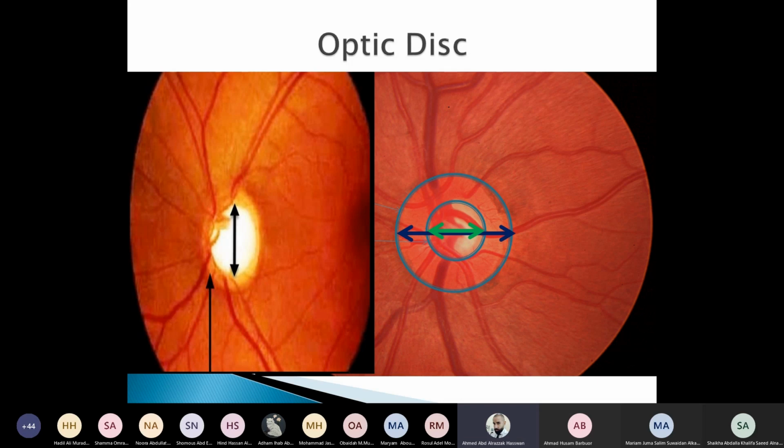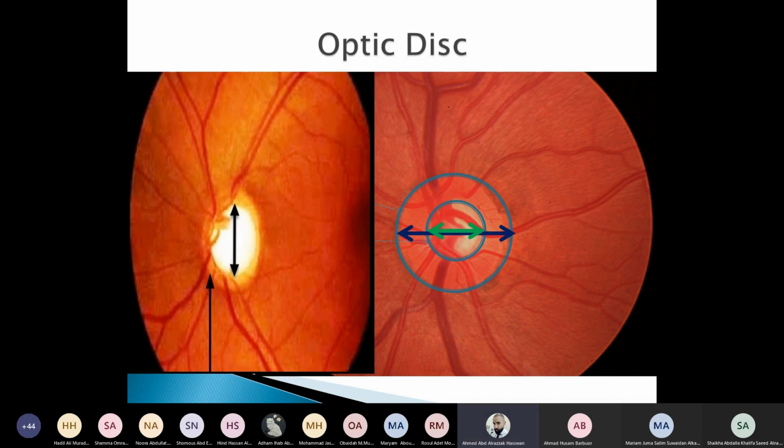So the structures in the fundus of the eye, we have the optic disc. As we said earlier, this is the area where the optic nerve emerges from the eye. So the eyeball is actually continuous posteriorly with the optic nerve. Then in the optic disc, I need you to know two structures.